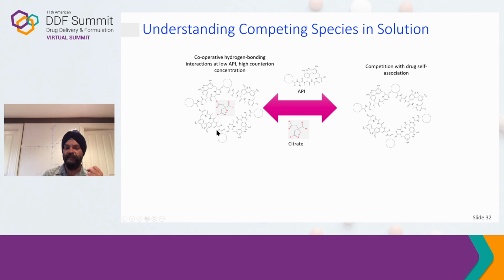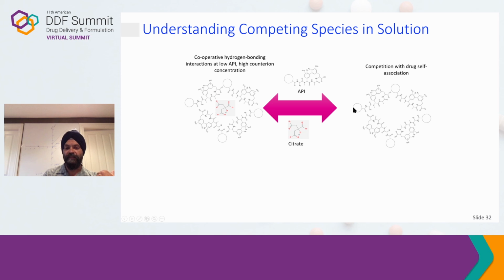This is where the succinate, the citrate, start to interact with the drug. And this is in equilibrium with the drug self-association on the right side. Now, drug self-association can increase supersaturation, but drug interaction with the excipient can lead to precipitation.